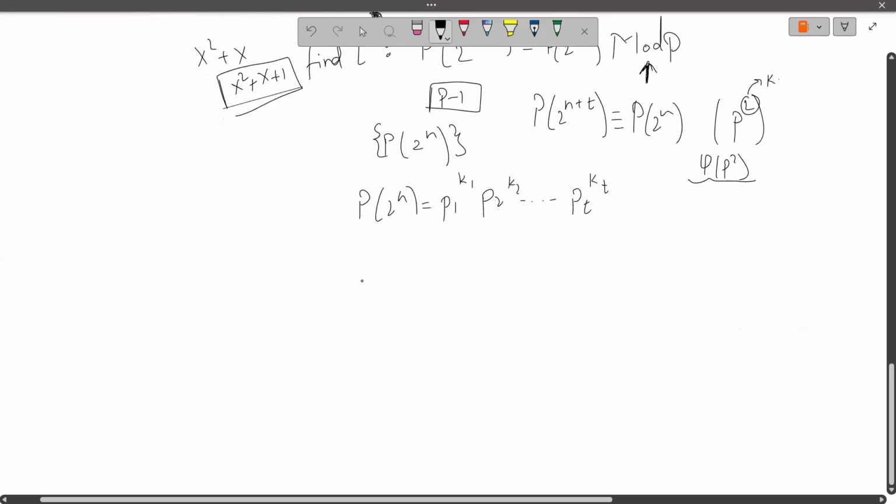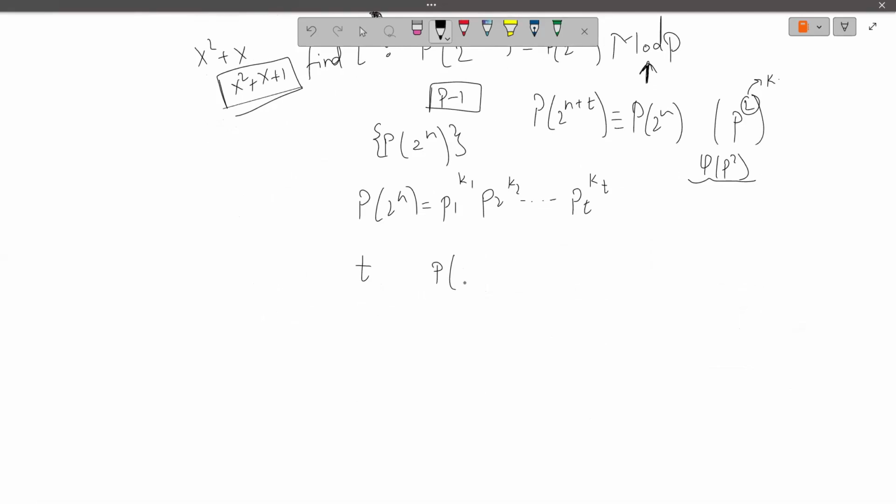So can you somehow find me a t such that P of 2 raised to the power n plus t is congruent to P of 2 raised to the power n modulo this quantity?